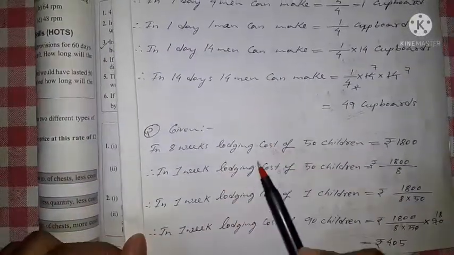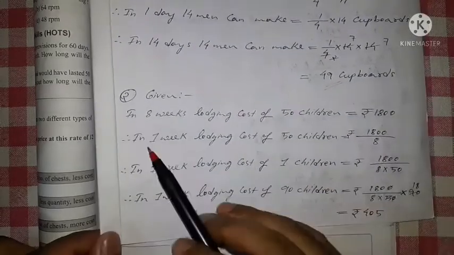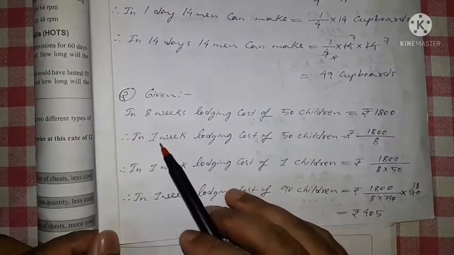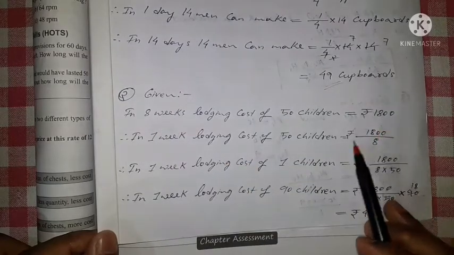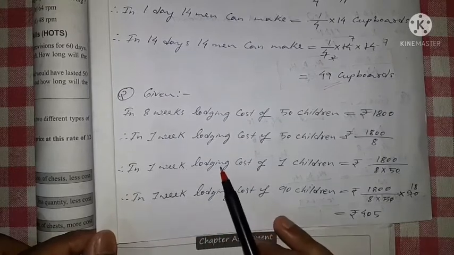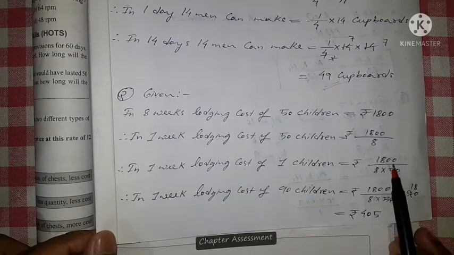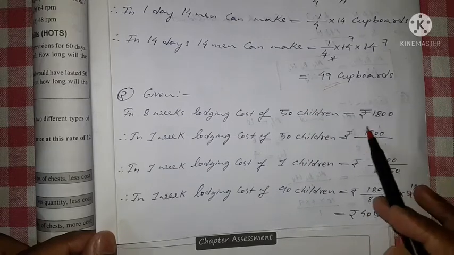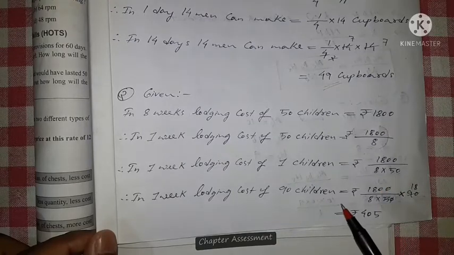So in 8 weeks the lodging cost of 50 children is rupees 1800. Therefore for 1 week the lodging cost of 50 children is 1800 divided by 8. In 1 week the lodging cost of 1 child, we divide by 50, that is 1800 by 8 into 50.